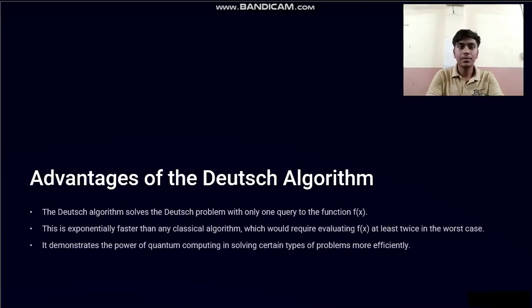With only one query to the oracle, the Deutsch algorithm determines whether the function is constant or balanced. In contrast, classical computers would need two queries in the worst case. It might not seem like a big difference here, but the simple problem scales to more complex scenarios. And that's where the true power of quantum computing comes in.